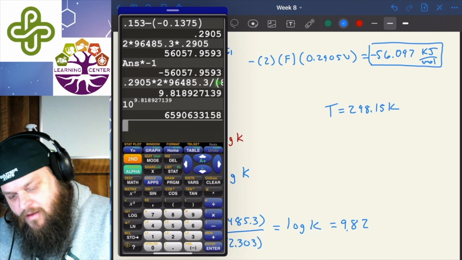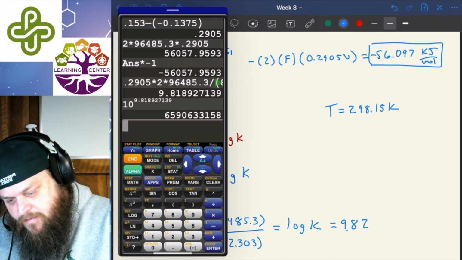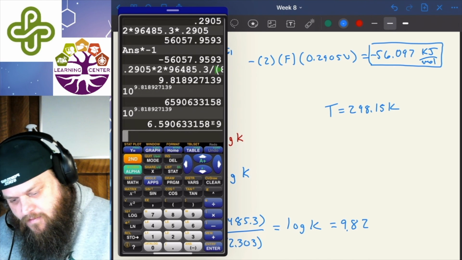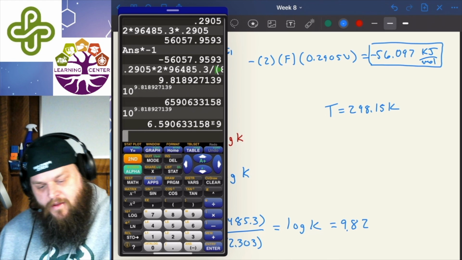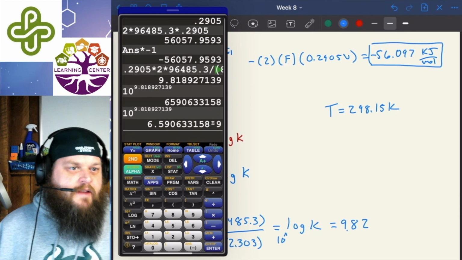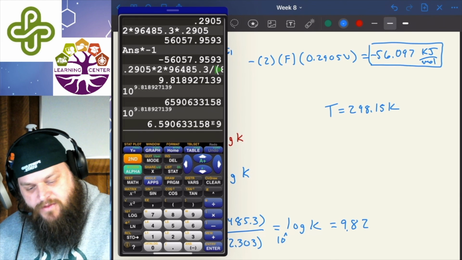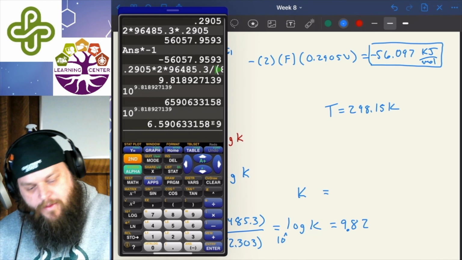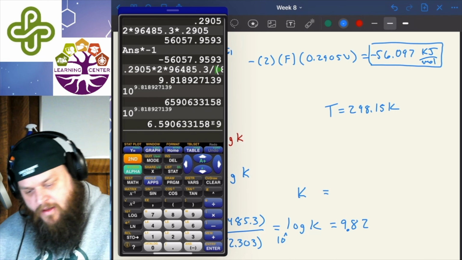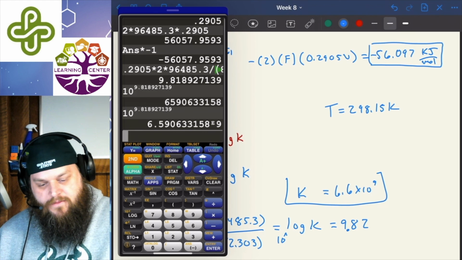What I needed to do is make sure I was in scientific notation. That's better. So when I take each of these to the power of 10, 10 to the power of log of K is going to equal K. So this side of the equation gives me K. 10 to the power of 9.82 gives me 6.6 times 10 to the 9, which is our value of K.